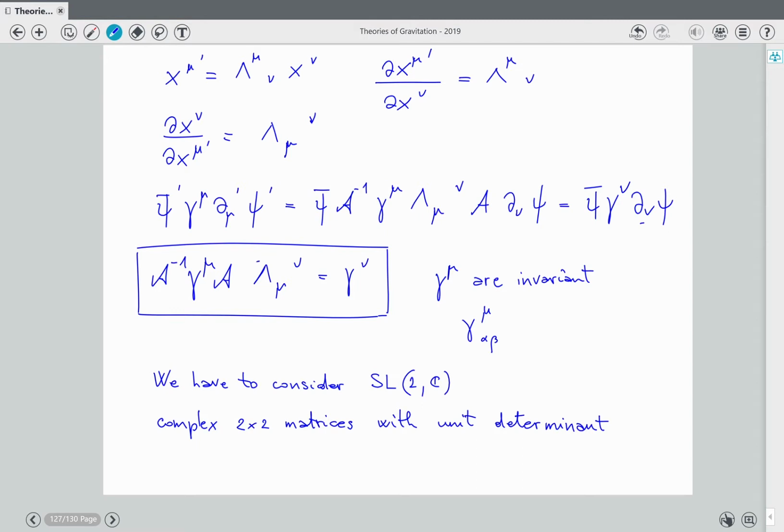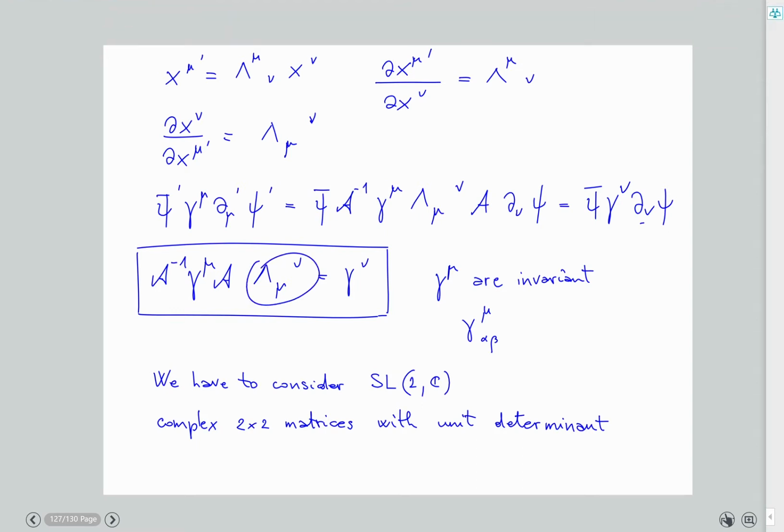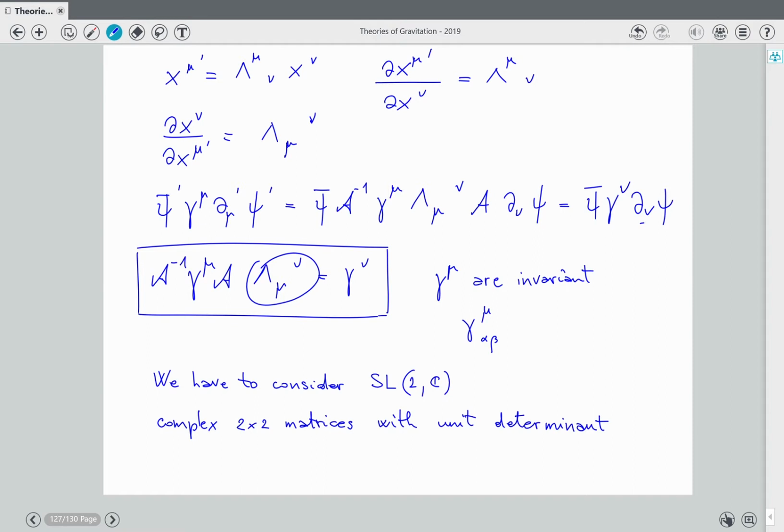We can multiply again by the inverse, turn it to the right hand side, and then you have lambda A to the minus 1 gamma mu A equal, when you multiply you have to switch the indices by the inverse, and so you get this. That is what we want.